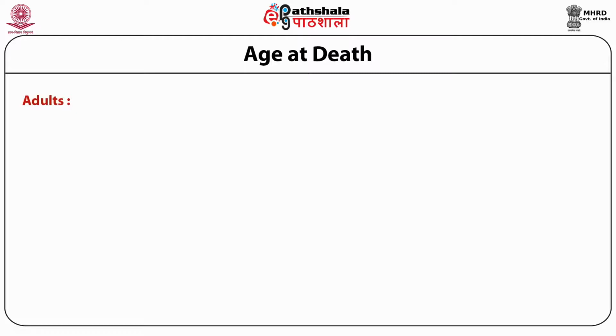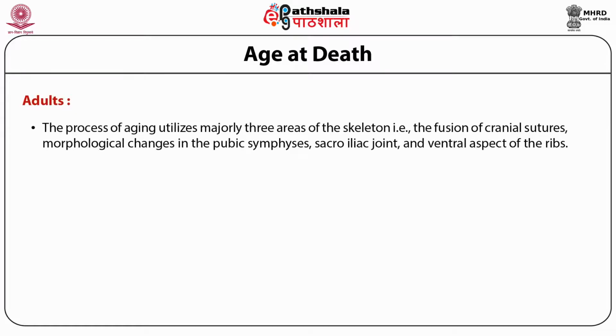In the adult stage, the process of aging utilizes majorly three areas of the skeleton, that is, the fusion of cranial sutures, morphological changes in the pubic symphysis, sacroiliac joint, and ventral aspect of the ribs.